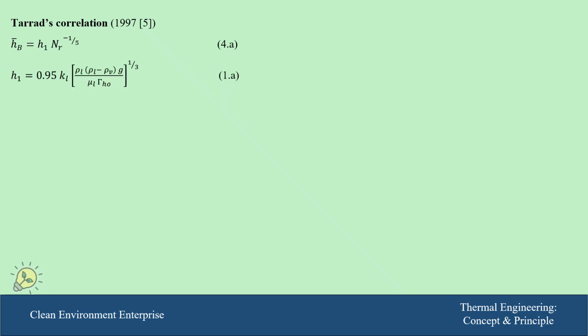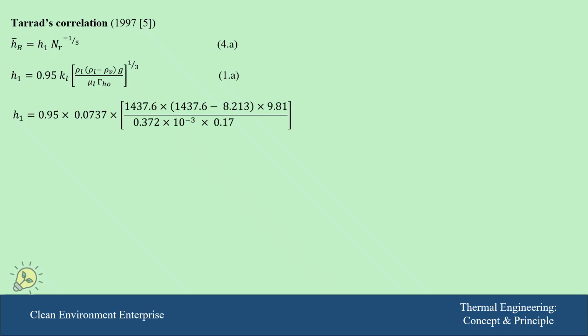Then h1 is the same as that of equation 1a, and that will be 2194.44 watt per meter square Kelvin, and then we have N_R raised to the power 1/5. Then the result will be 1590.5 watt per meter square Kelvin.